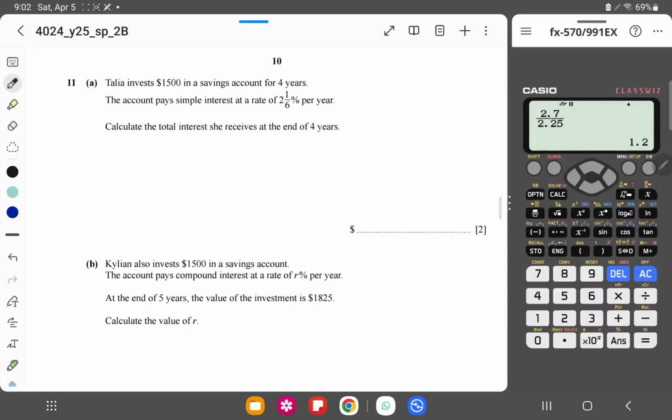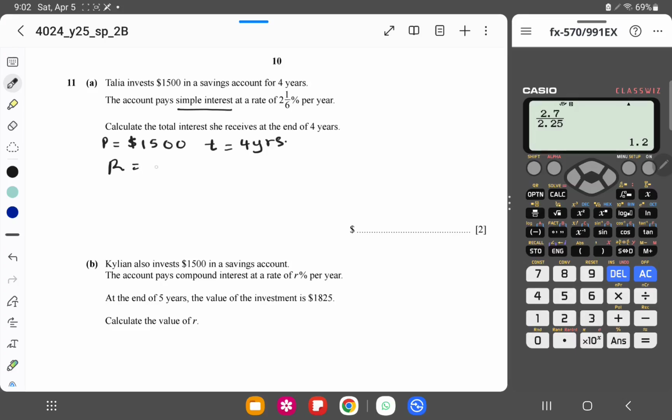So question number 11. Talia invests $1,500 in a savings account for 4 years. For $1,500 for 4 years, the principal is $1,500 and the time is 4 years. The account pays simple interest. For simple interest we have to use the formula I equals PRT upon 100.